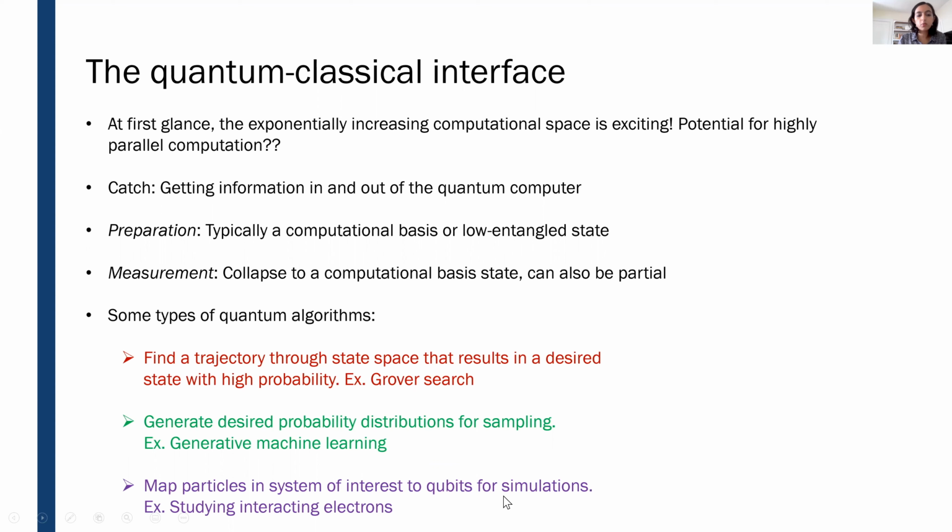And then, of course, there's quantum simulation where, say you want to study one physical system, you can design some mapping between the components of the system of interest to qubits, and then time evolve under the Hamiltonian that arises from the mapping, and then essentially by studying the qubits, you are studying the system of interest, right?